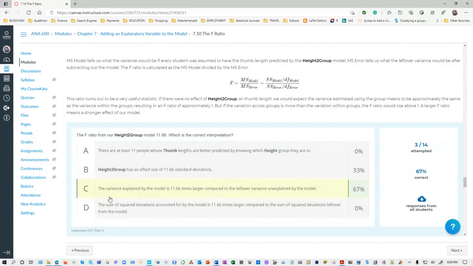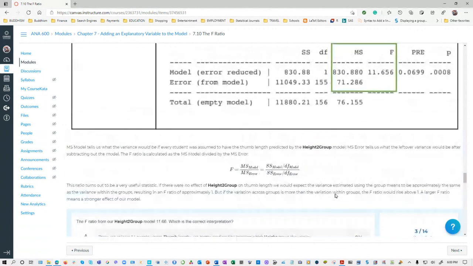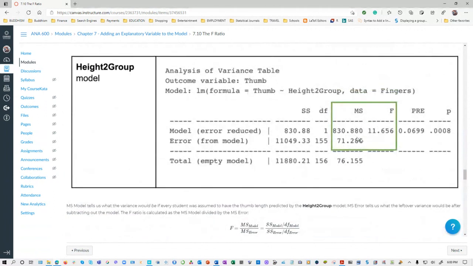What that means is the variance explained by the model is 11.66 times larger compared to the leftover variance unexplained by the model. Explained to unexplained.